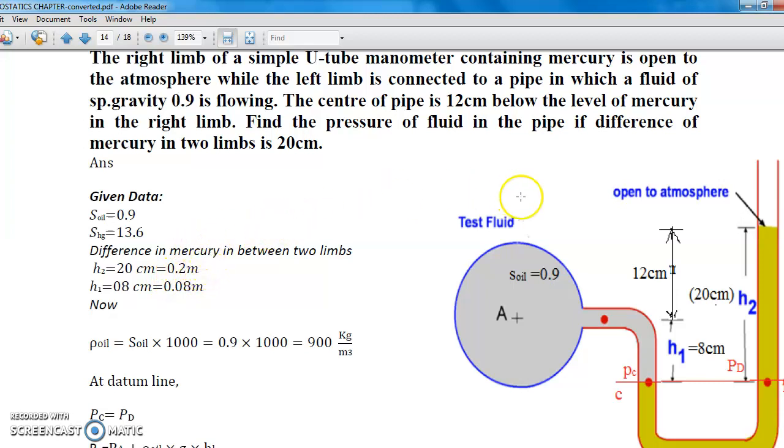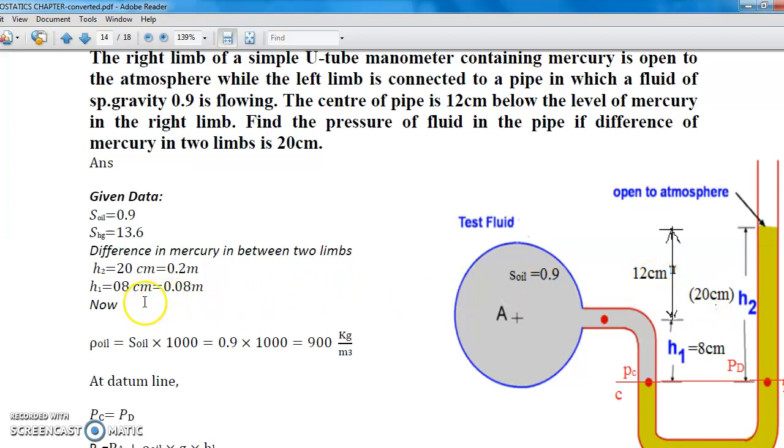Another thing is given hiddenly: the center of the pipe and the level of the mercury in the right limb is 12 centimeter, and the total here is 20 centimeter. So what is H1? H1 is equal to H2 minus this 12 centimeter. So what will you get? H1 is equal to 20 centimeter minus 12 centimeter.